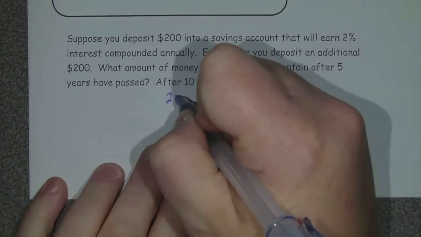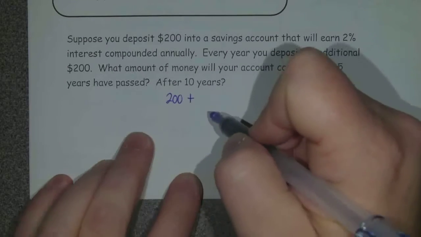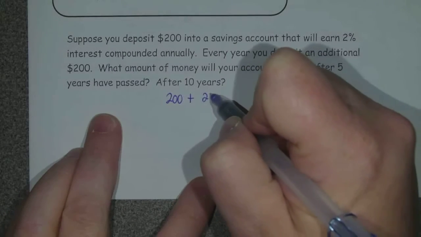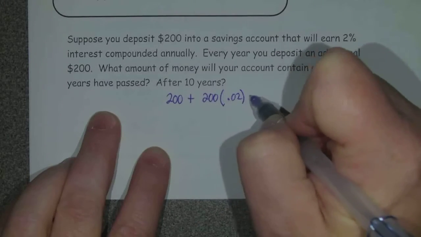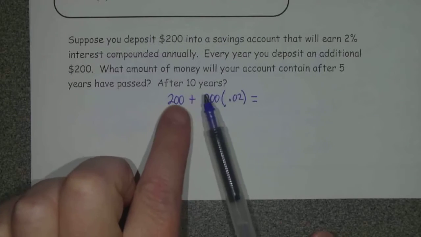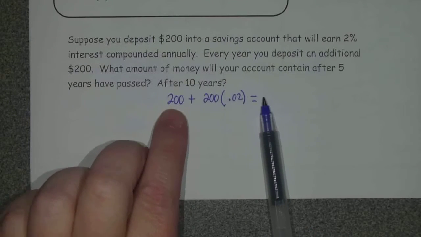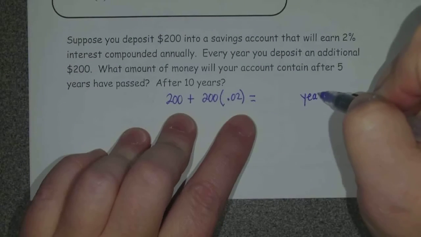So it says you start with $200 and you earn 2% interest compounded annually. So that $200 you would have 2% interest on, right? Does everybody agree with me that 2% of 200 plus the 200 is what I'd have at the end of year one? So what do I have at the end of year one?